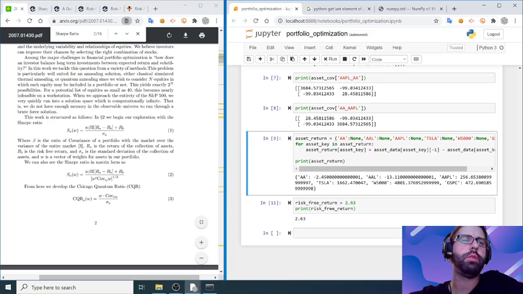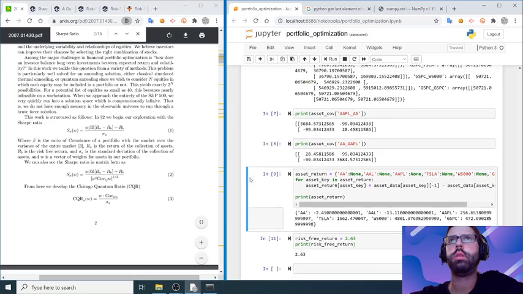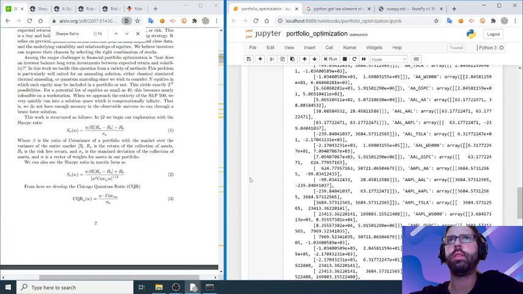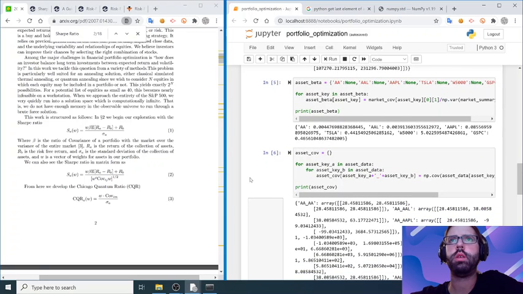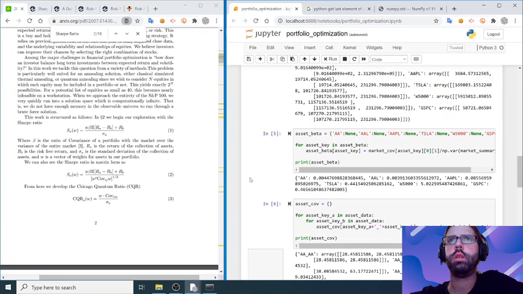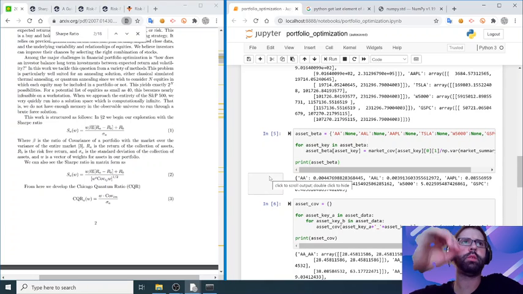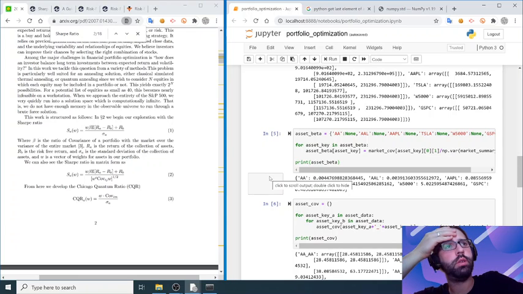So is it just the average standard deviation of the collection of assets?